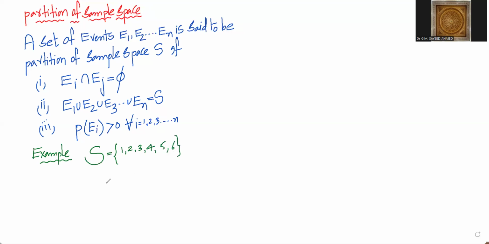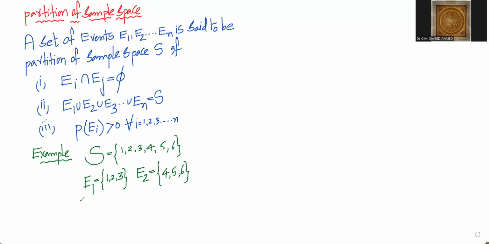From this I am choosing one set, which you can call E1, as a partition like that: 1, 2, 3. And E2, I am choosing another set from S, that is 4, 5, 6.